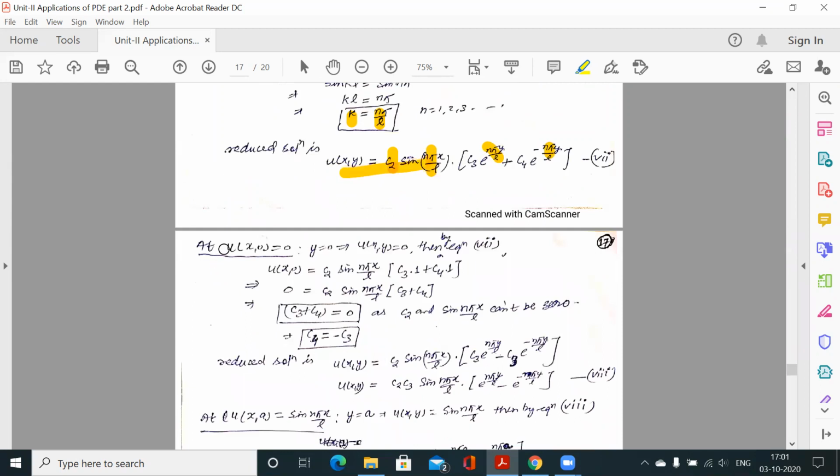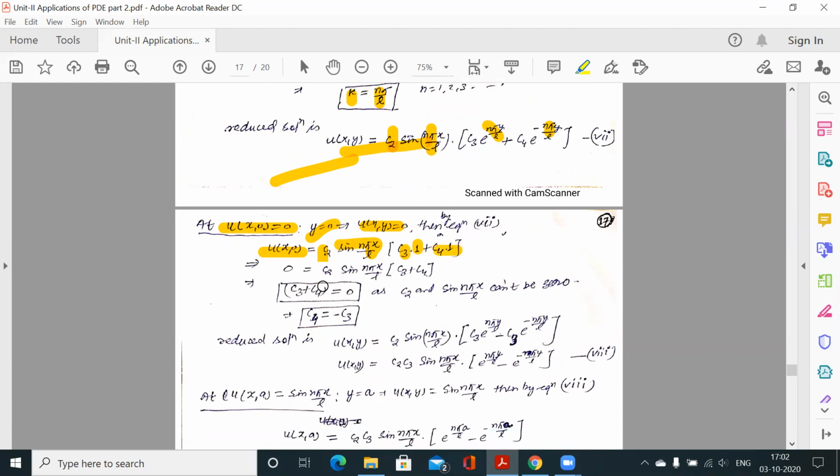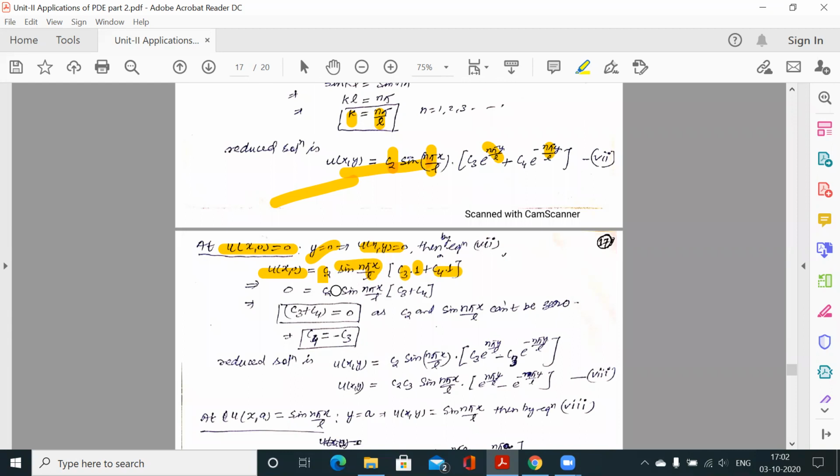Now the third condition is u(x, 0) is 0, which means when y is 0, u(x, y) is 0. So substituting in this, u(x, 0) is equal to c2 sin(n pi x by l) into, because we have kept y as 0, c3 e to the power 0, which is 1, again e to the power 0 is 1, so c4 times 1. So again in this case, either c2 is 0, or sin(n pi x by l) is 0, or this factor is 0.